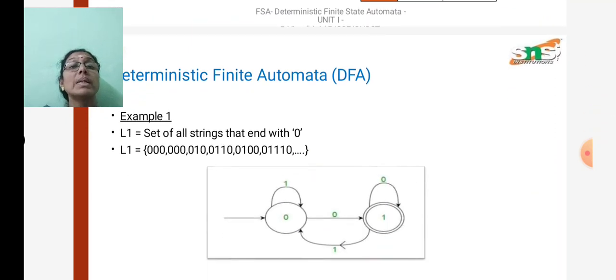This example is a DFA diagram that accepts strings ending with 0. The set of all strings ending with 0 includes strings such as 0, 00 and 10. Whatever the strings, the ending symbol should be 0.